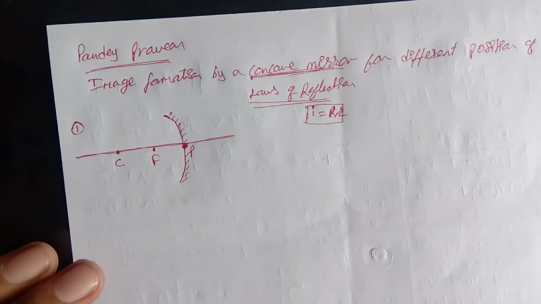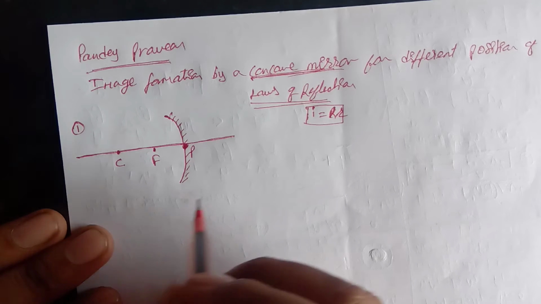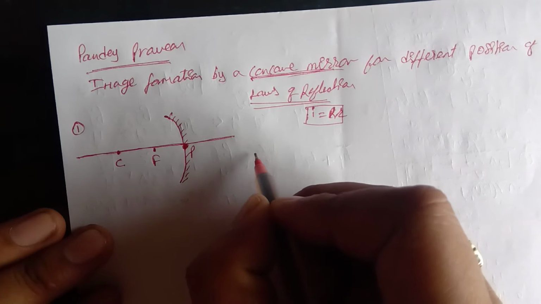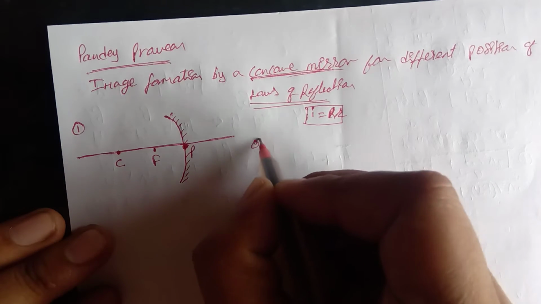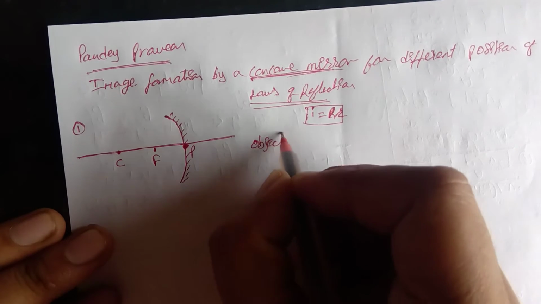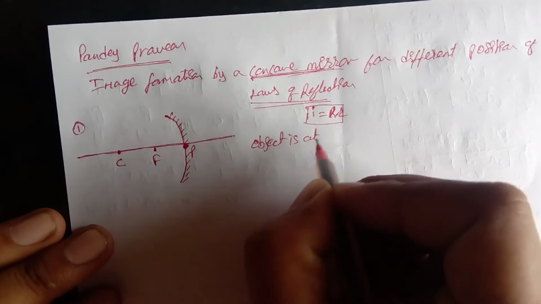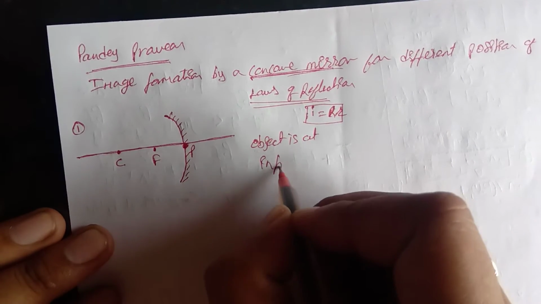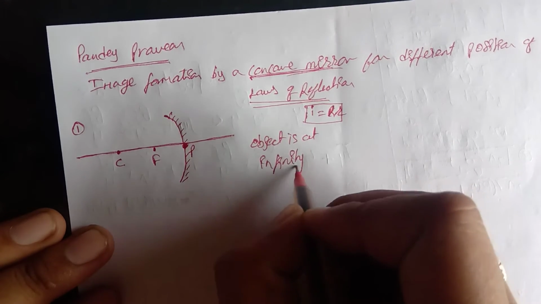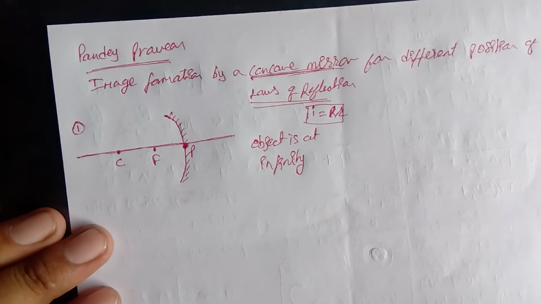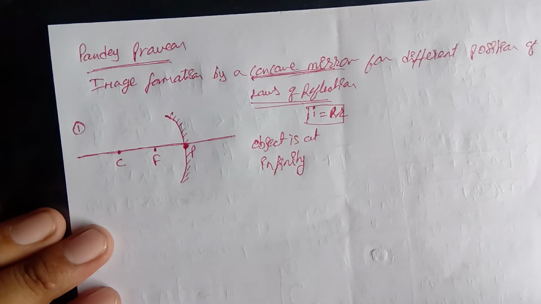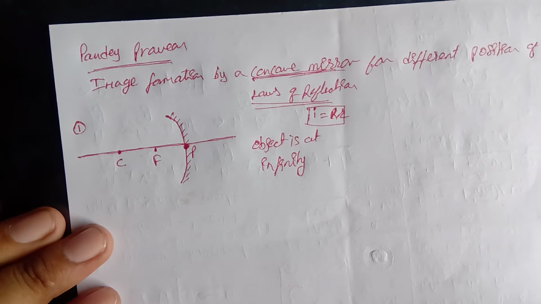Now in the first case, when the object is at infinity, let us see where my image would be and what would be the nature of the image.